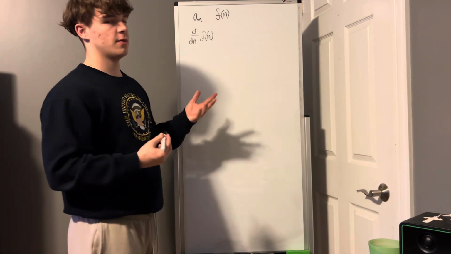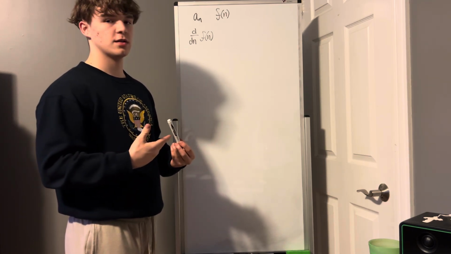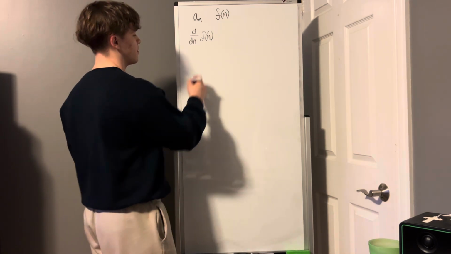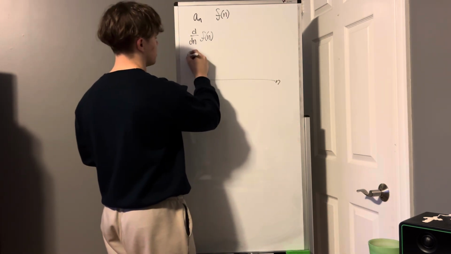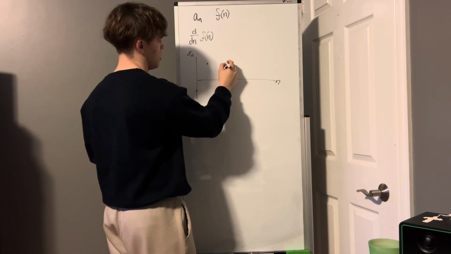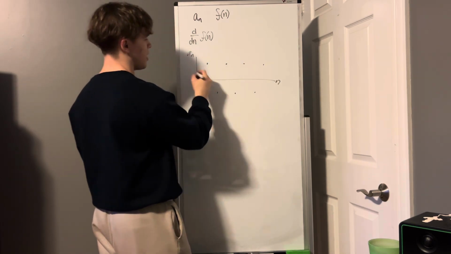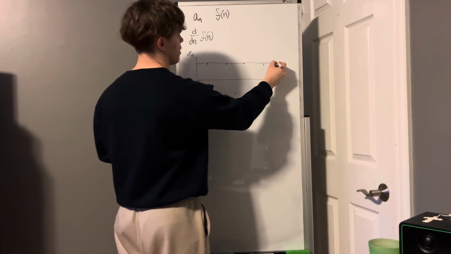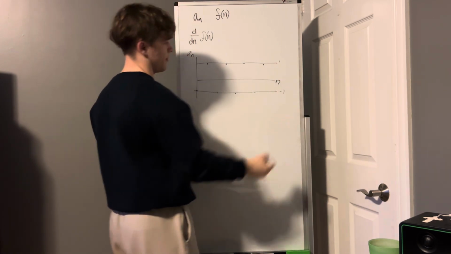Finally, we can talk about lower and upper bounds. Like we had with our -1 to the n sequence, we can see that we have an upper bound and a lower bound at -1 and 1.